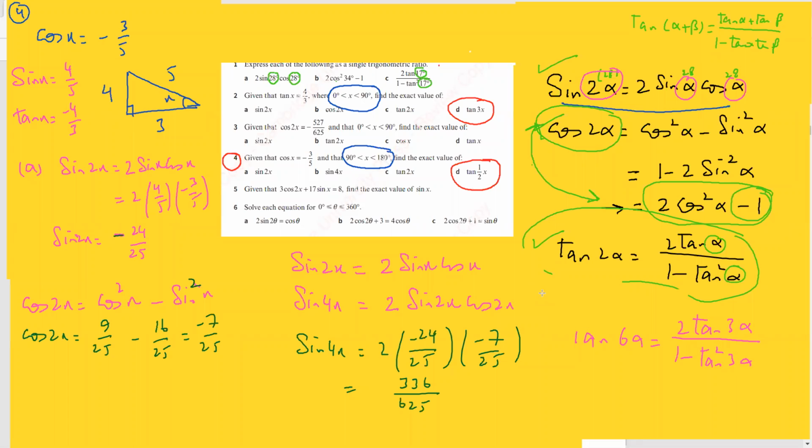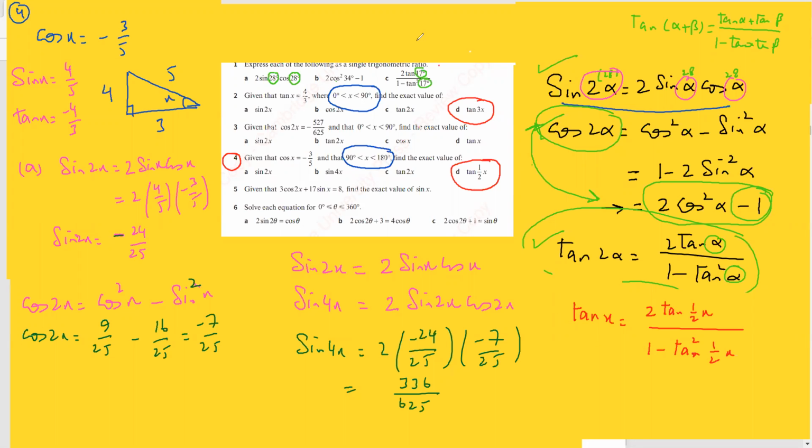For the tan half x, we can write tan x is going to be 2 tan half x over 1 minus tan square half x. You can find it like this. You have tan x with you, okay? Now this might be a quadratic kind of an equation.